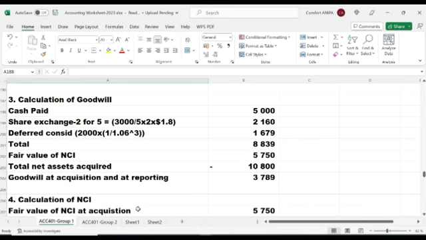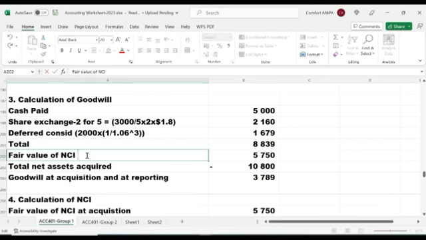And now your fair value of NCI. Remember, NCI is 20% of 5,000. Let me just put it here for you. 20% of 5,000, the number of shares in S. No, NCI, this figure is given in the question.